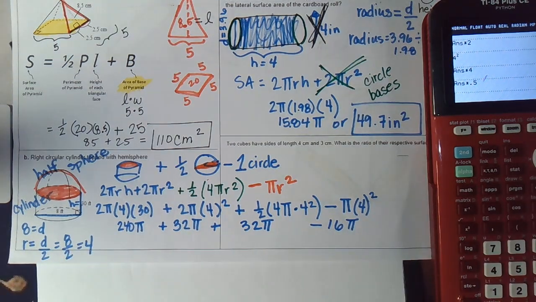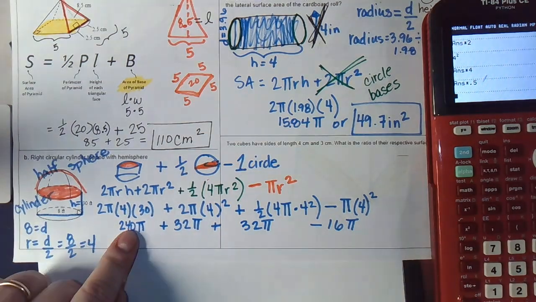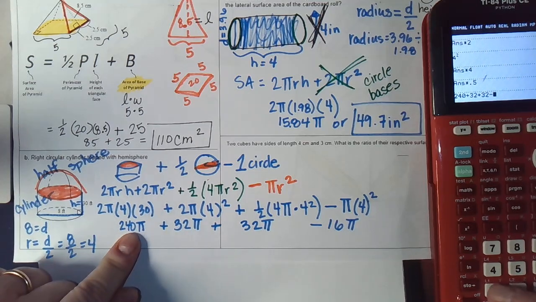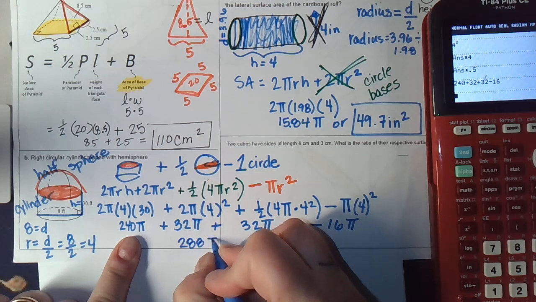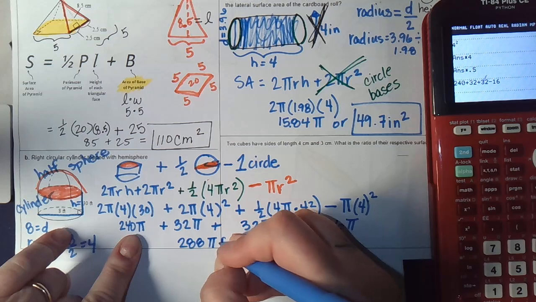Okay, now, again, let's work with the numbers and add or subtract what we need. 240 plus 32 plus 32 minus 16. And we get 288 pi. And our dimensions are feet.